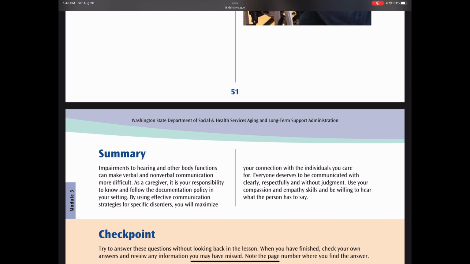As a caregiver, it's your responsibility to know and follow the documentation policy in your setting. By using effective communication strategies for a specific disorder, you will maximize your connection with individuals in your care.